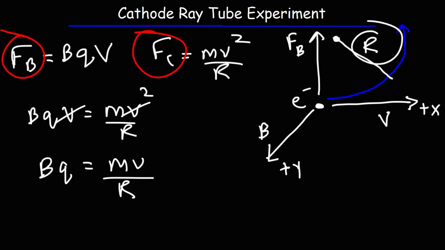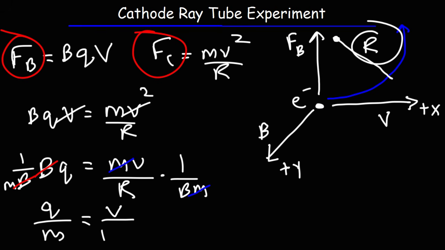So to get the charge to mass ratio, we need to get Q over m. So I'm going to multiply both sides by 1 over B and also by 1 over m. So on the left, B is going to cancel. On the right, m is going to cancel. So Q over m is equal to v over B times r.